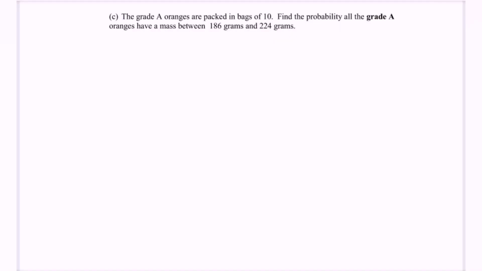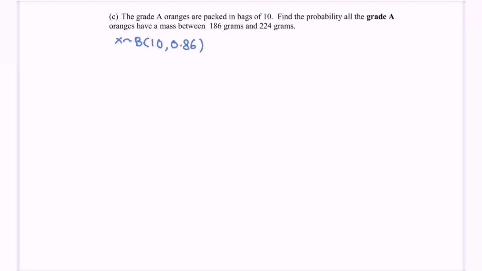Kindly refer to question C. The grade A oranges are packed in a bag of 10. So 10 will be the N. So now the title is binomial, we have 10 as N. Find the probability that all the grade A oranges have a mass between 186 gram and 224. So if you refer to the question at A, we have the probability 0.86. So all of them are grade A oranges. Refer to the question again.